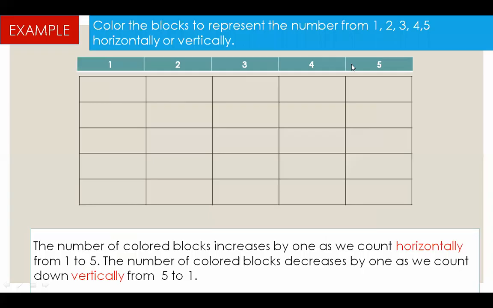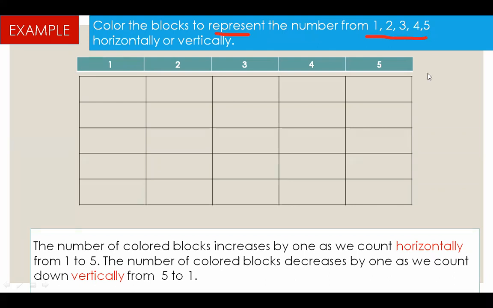Here is an example, students. Color the blocks to represent the numbers from 1, 2, 3, 4, 5.